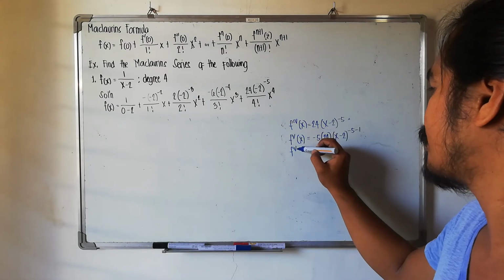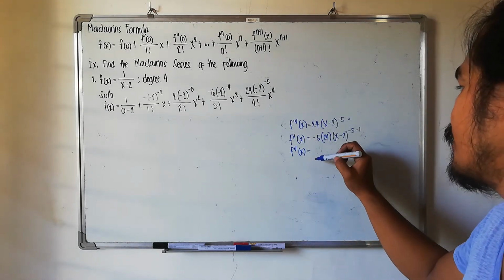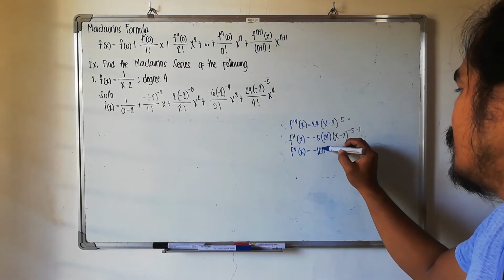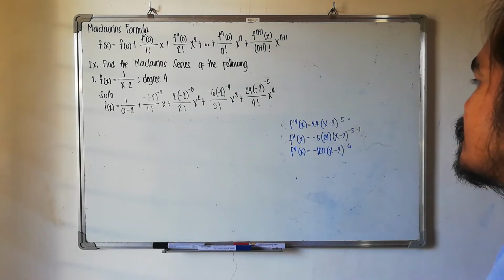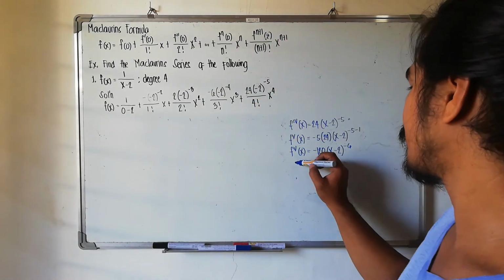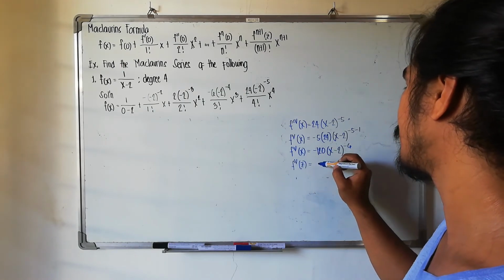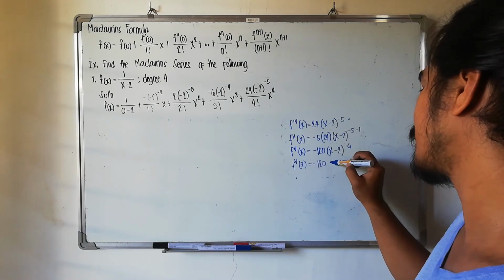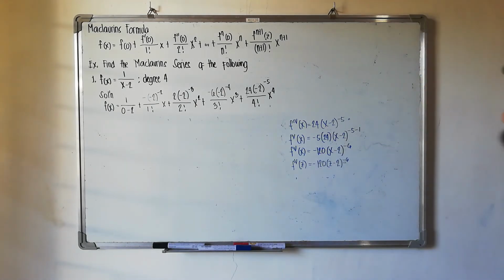So f of 5 of x is equal to negative 5 times 24, so it's negative 120 times x minus 2 raised to negative 6. But your function is in terms of z, so the fifth derivative of your function in terms of z is equal to negative 120 times z minus 2 raised to negative 6.